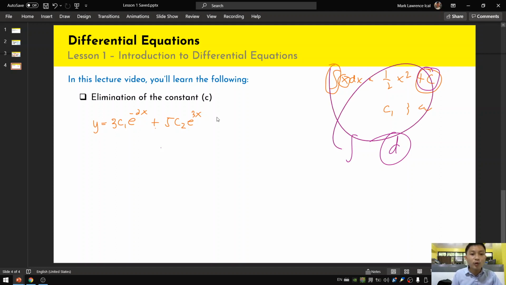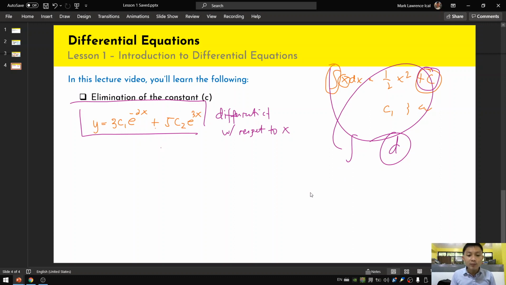Since we already know na nag-integrate tayo kaya tayo merong c, babalik natin yung sa dati kaya tayo magdi-differentiate. Now, we're going to differentiate this equation with respect to x.